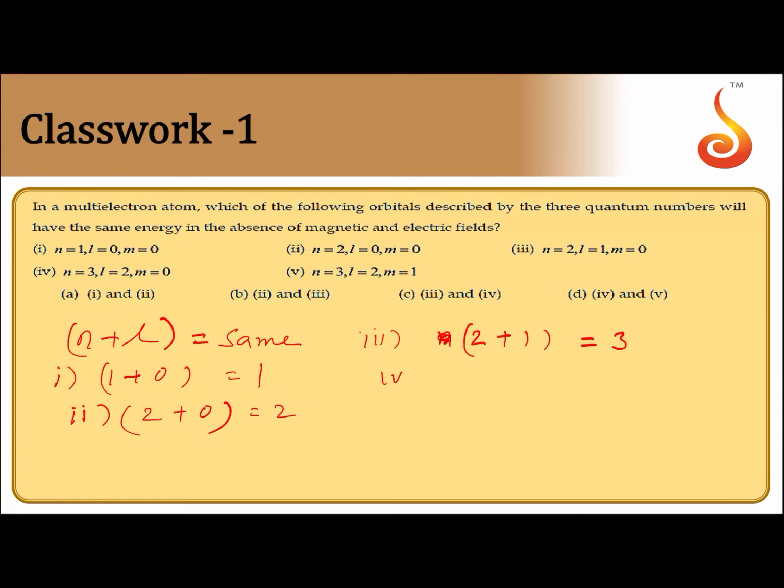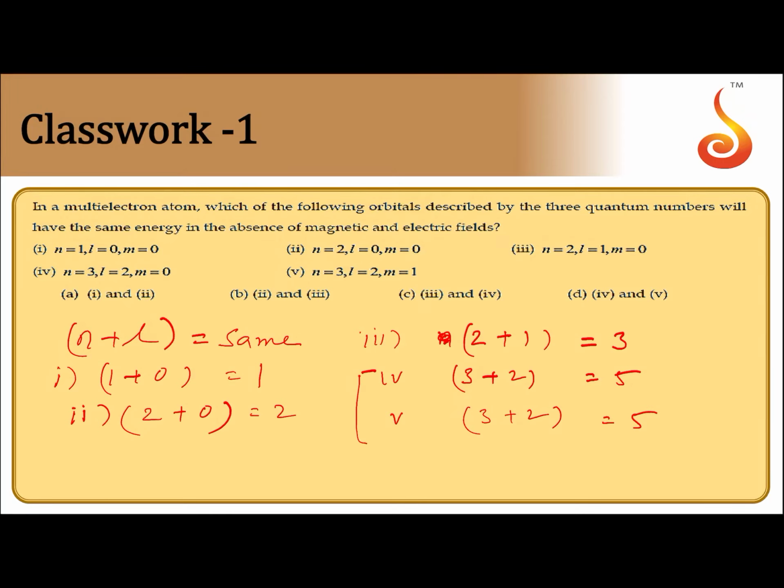In the fourth one, n is 3 and L is 2, therefore the value is 5. And finally in the fifth one, n is 3 and L is 2, again the value is 5.